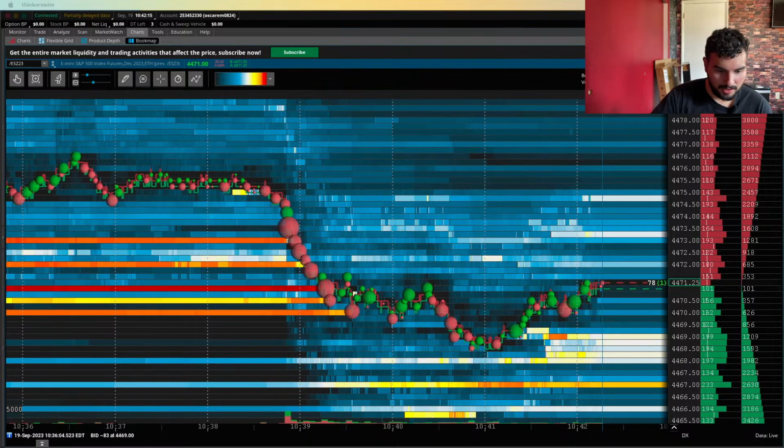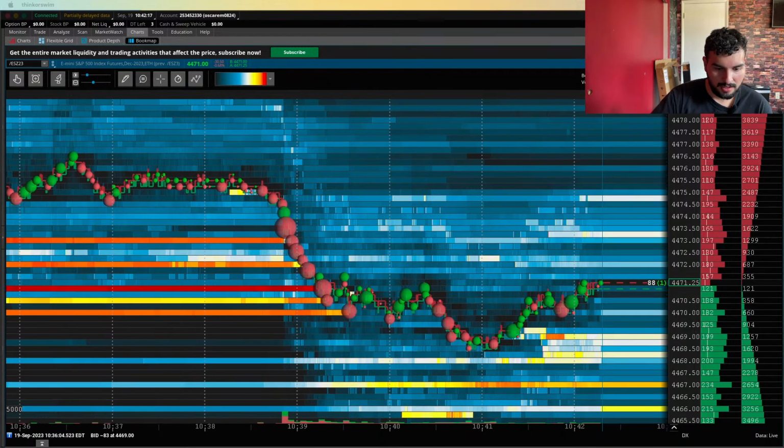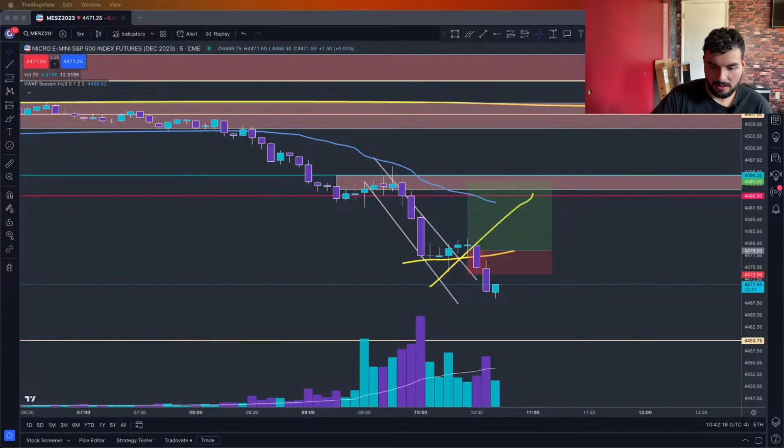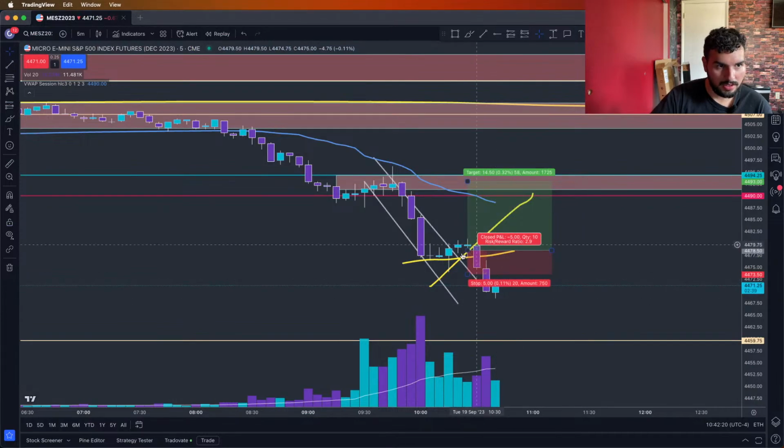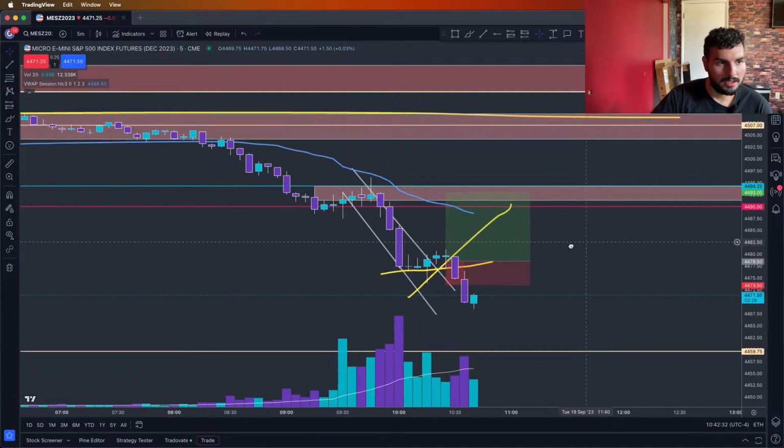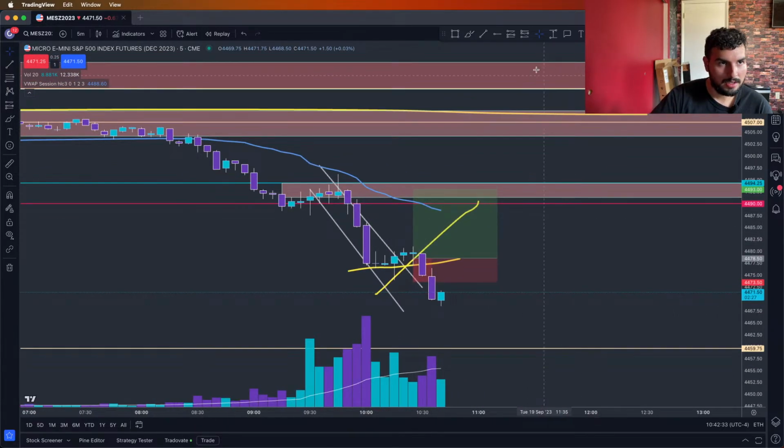Put the chart on so you guys can see the trade on the chart. So I got in over here and got out right there for a loss, a $63 loss on the day. And my plan was for this to be more of a head right here. Go like that.